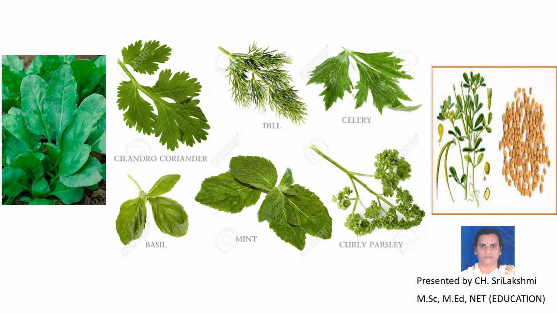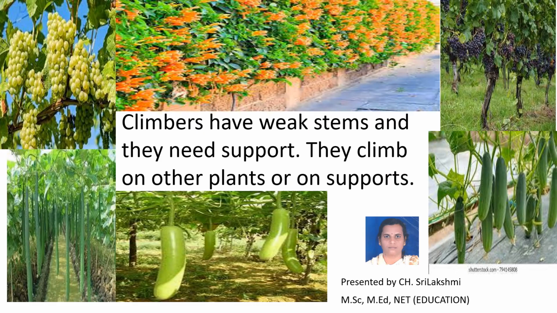So we have studied about shrubs and herbs. Now we will be discussing the climbers. Climbers have weak stems. The stems are so weak that if you touch them with force, they break.